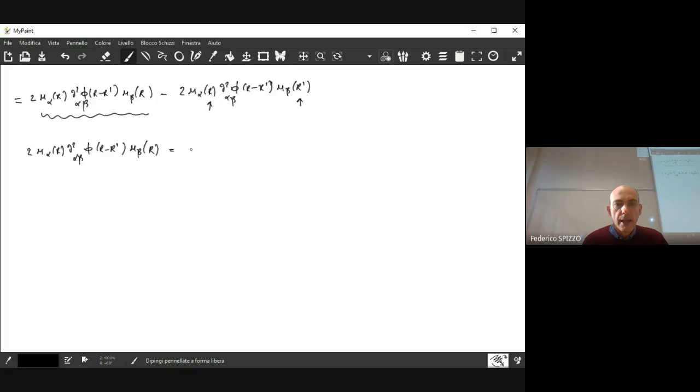That can be written as 2 times u alpha of r, second derivative with respect to alpha and beta of phi of r minus r prime. If we write here u beta of r prime, then this term in this form is different from the first one.